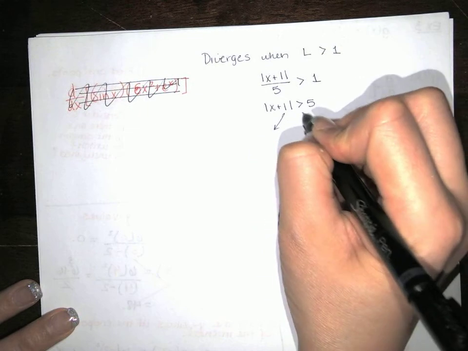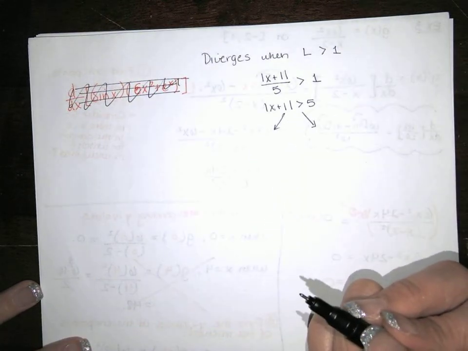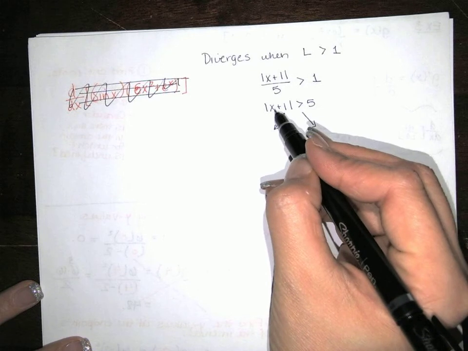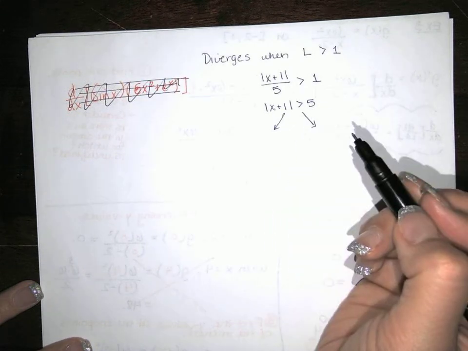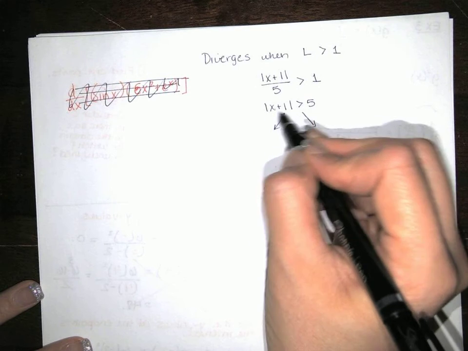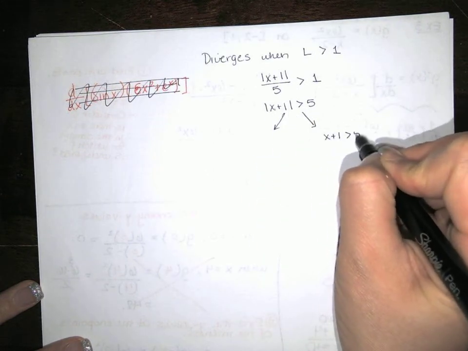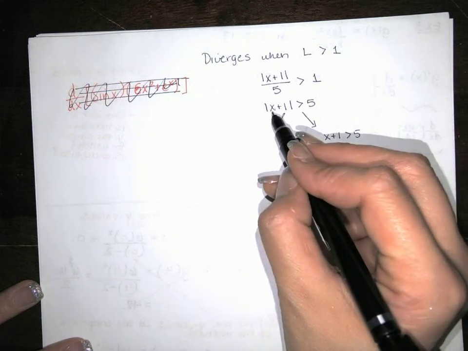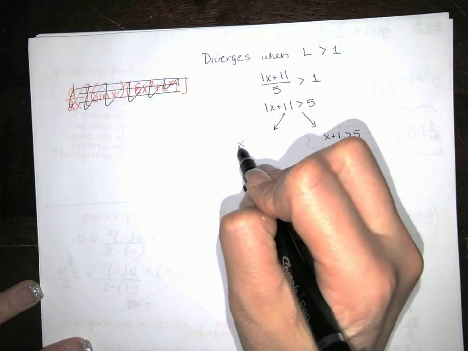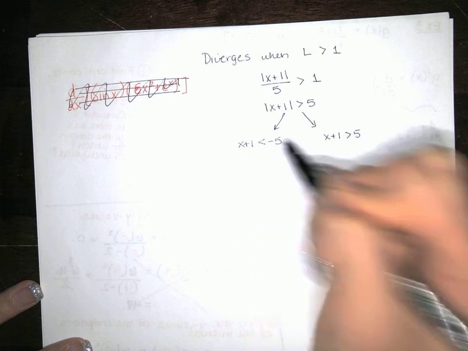Now this is something you probably don't remember from your pre-algebra class. If an absolute value is greater than a positive number, either the number inside the absolute value bars is greater than that number, so x plus 1 is greater than 5, or that number inside the absolute value is less than -5.